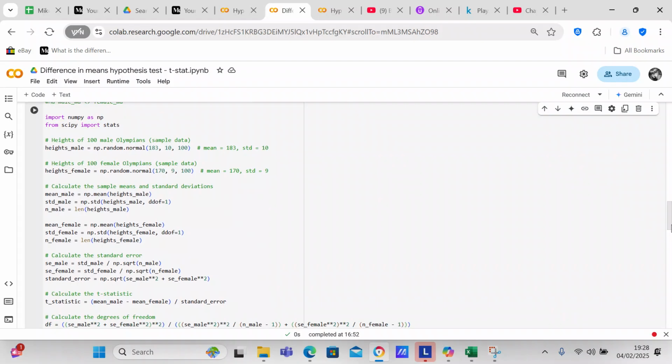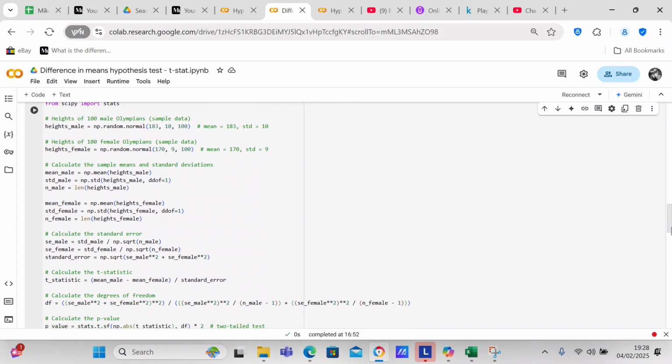So we're going to import the libraries that we're going to need to carry out this test. We're going to import NumPy as np, and SciPy. From SciPy we're going to import stats. So the heights of the male Olympians, heights_male equals np.random.normal. 183 is the average height, and 10 is going to be the standard deviation, and 100 is going to be the number of random samples.